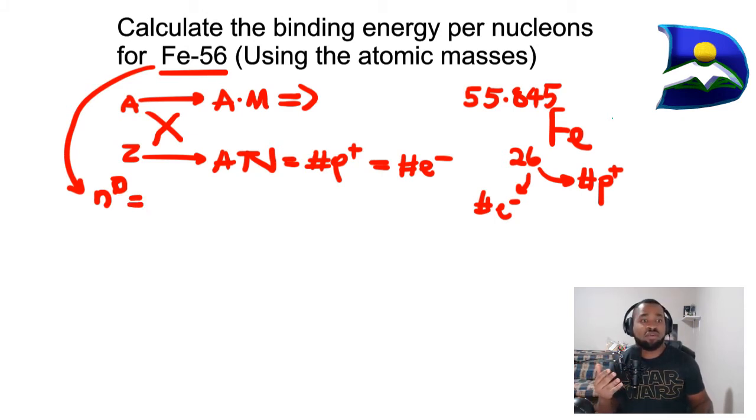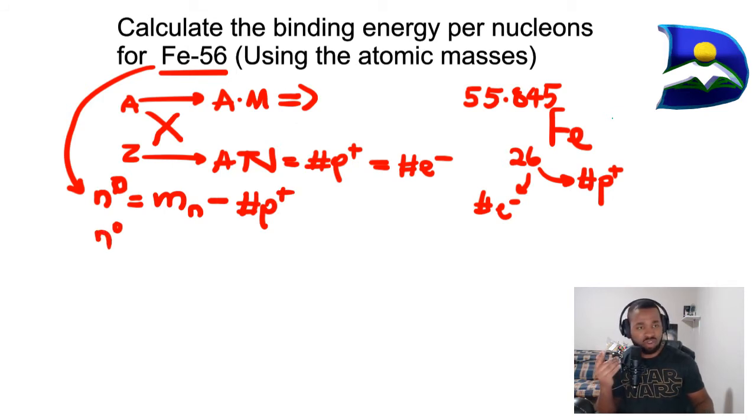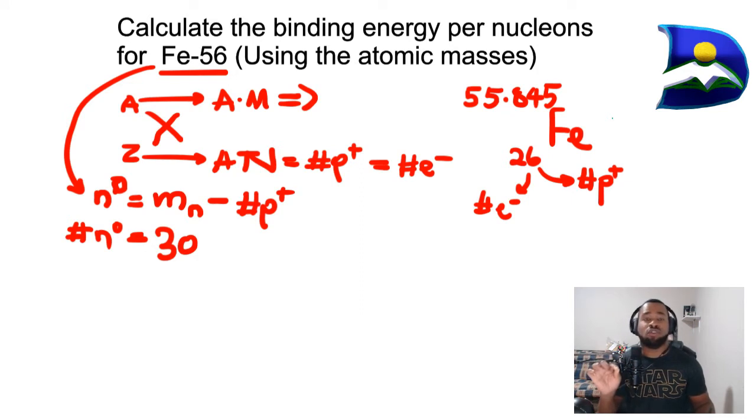So this is equal to the mass number, which I'm going to represent as Mn, minus the number of protons. Therefore our neutron number is in this case equal to 30. So in this part here, we were able to determine the number of electrons, the number of protons, and the number of neutrons.